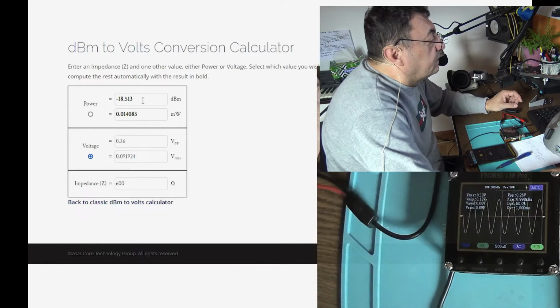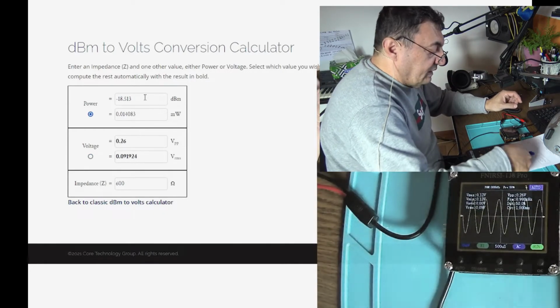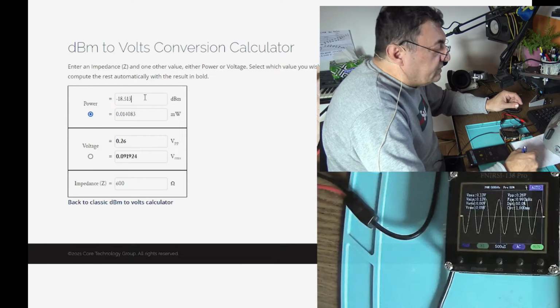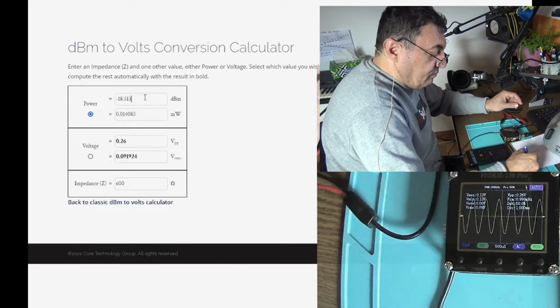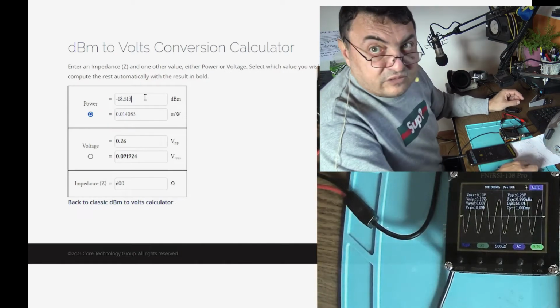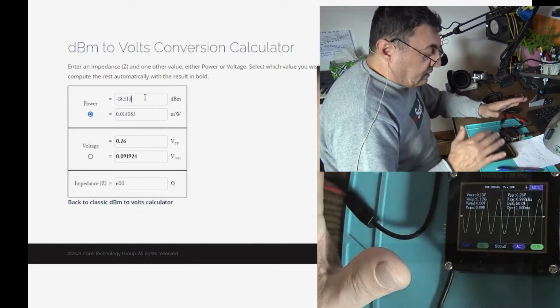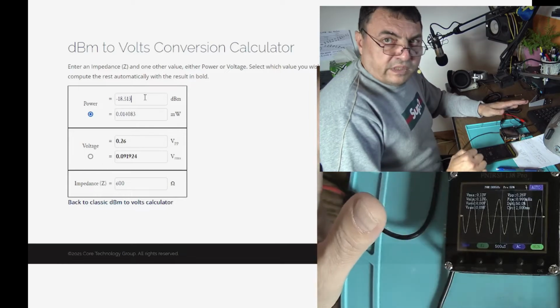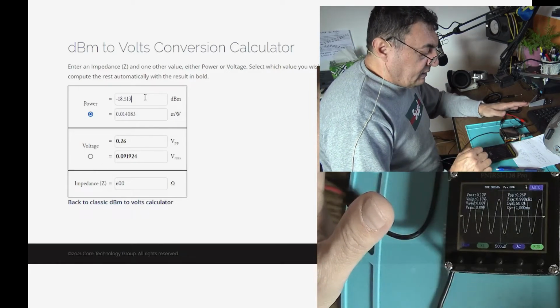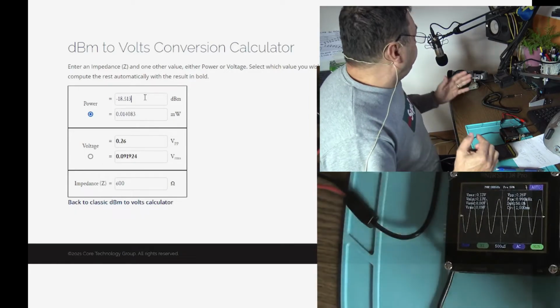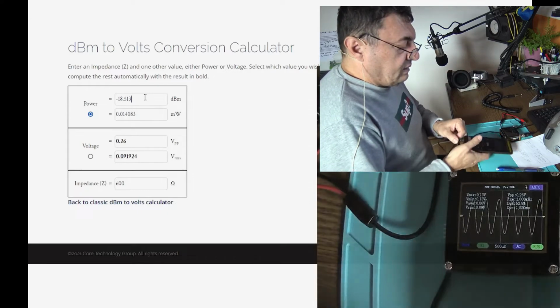And here we have, exactly like I said, almost minus 18 dB. Well, I said minus 20. I was almost there.